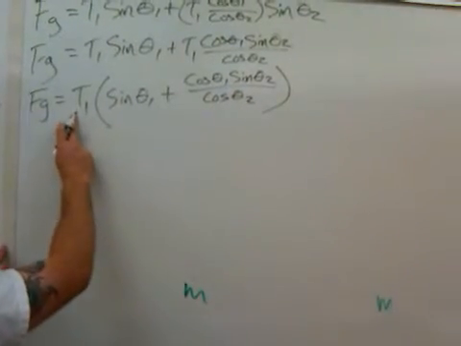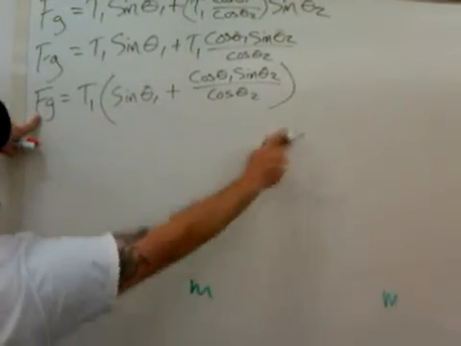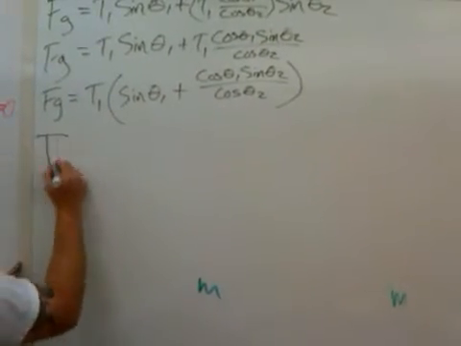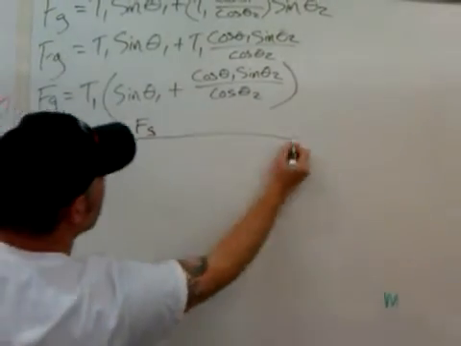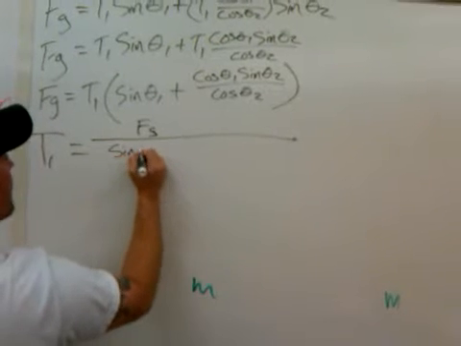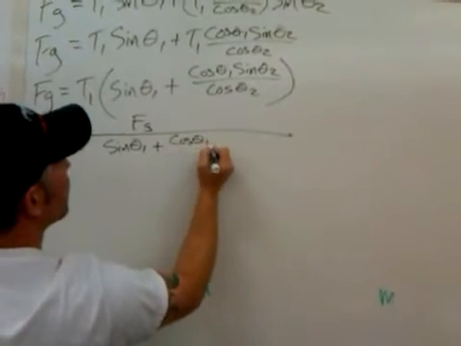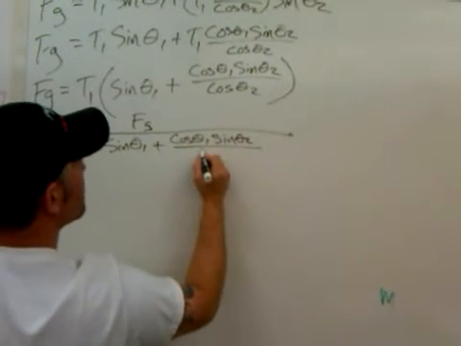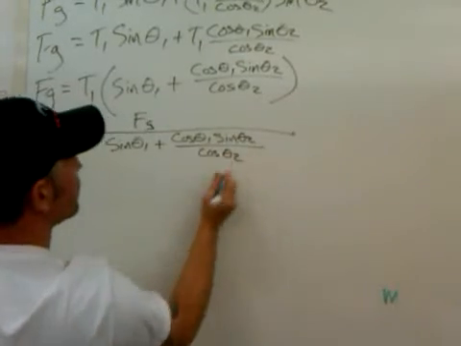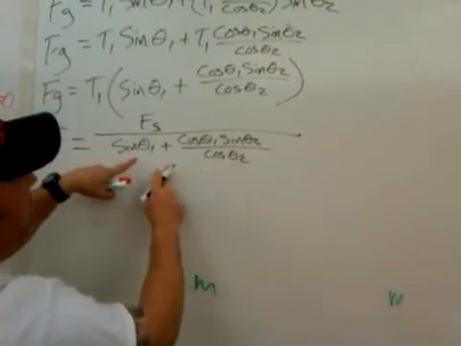Well, now that I've got T1 isolated, I can get it all by itself by dividing both sides by this whole big ugly thing. And I can end up with T1 equals F sub g over sine theta 1 plus cosine theta 1 sine theta 2 over cosine theta 2. Now I need to combine these terms, and in order to do that, they need to be like terms.